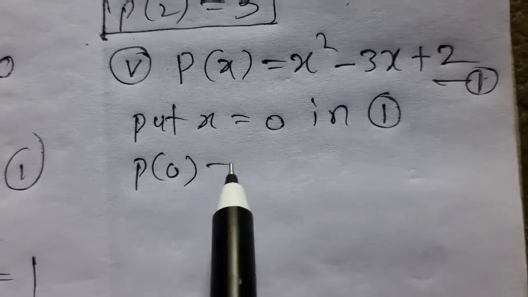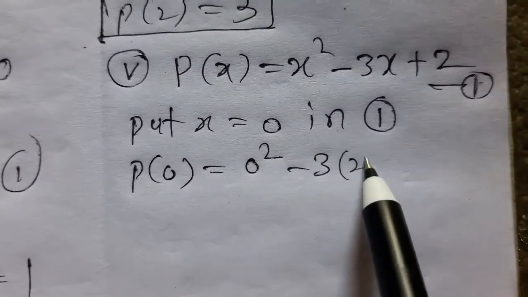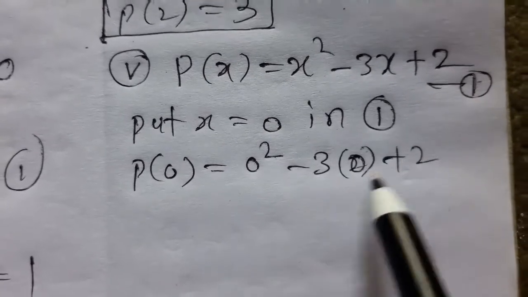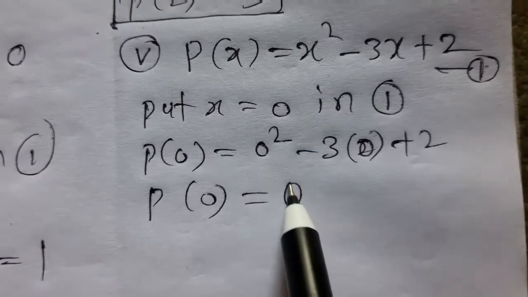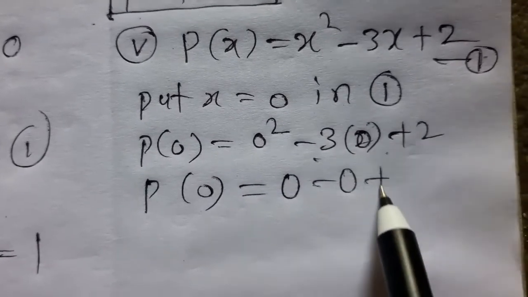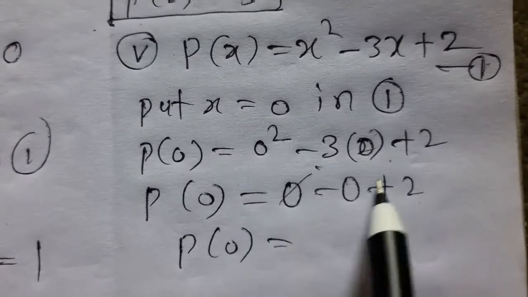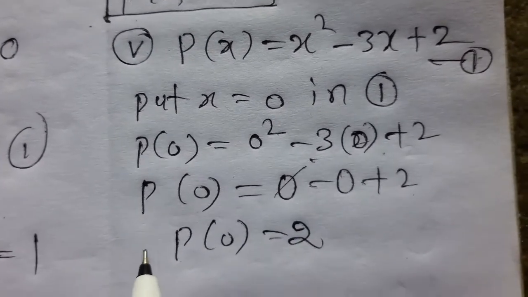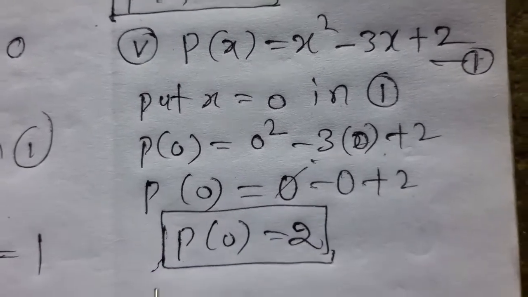Now P of 0 is equal to 0 square minus 3 into 0 plus 2. Now 0 square means 0. 3 into 0 means minus 0, plus 2. These are gone. So P of 0 value is here 2.